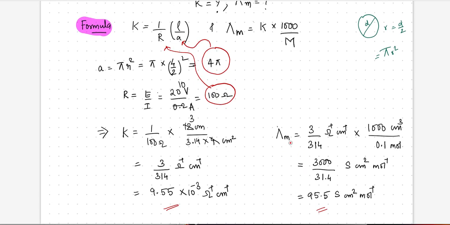So you can see it is kappa times 1000 by M. Here kappa is 3 upon 314, multiplied by 1000 upon molarity, which is 1 upon 10, that is 0.1 mole. When you solve it out, this is the value of the molar conductivity that you receive.